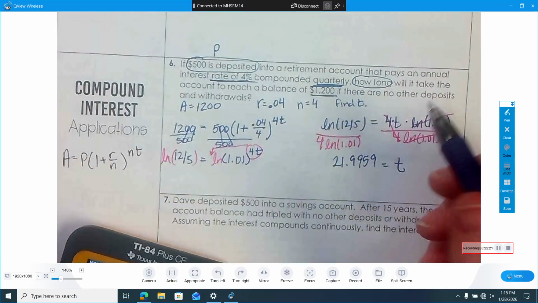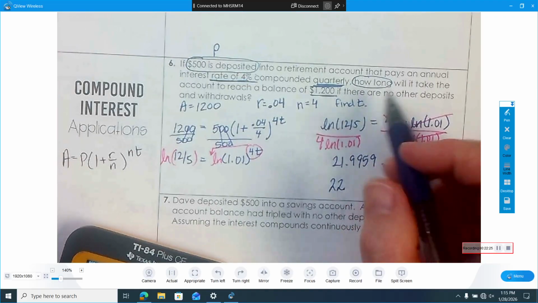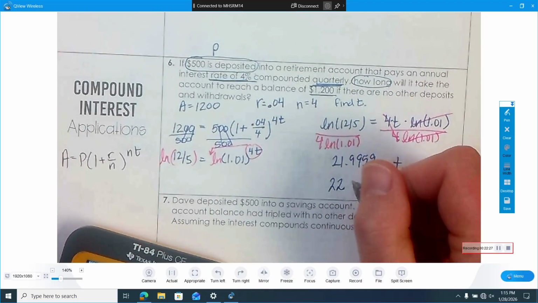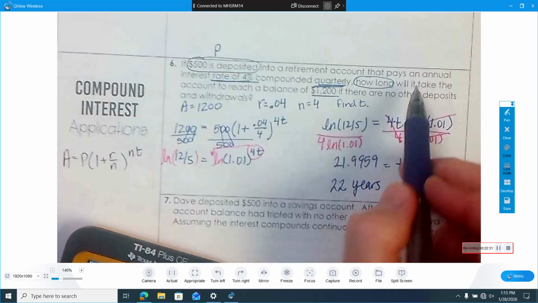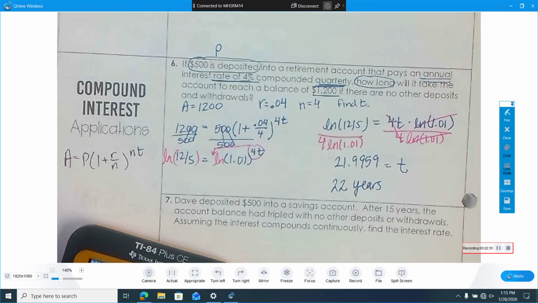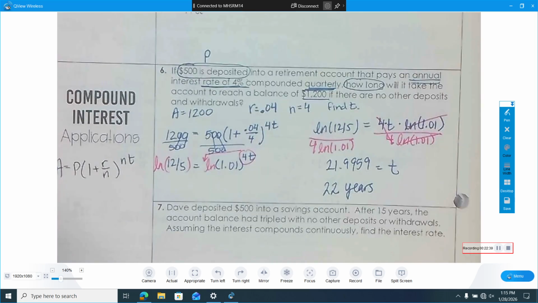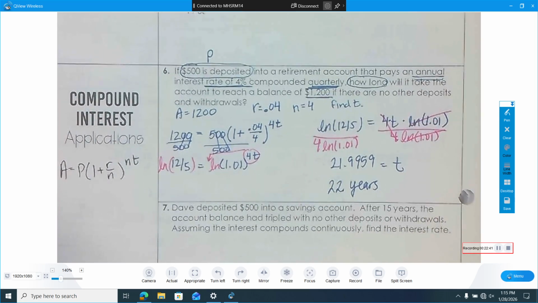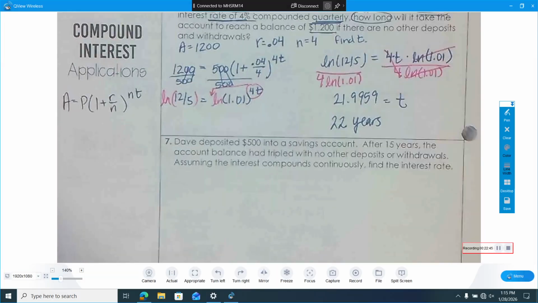That's, I guess, 22, right? 22 years? Yes? Yeah, because it's an annual interest rate. Annually means by year. Yep. 22 years to get $700 extra dollars? It's crazy. All right.